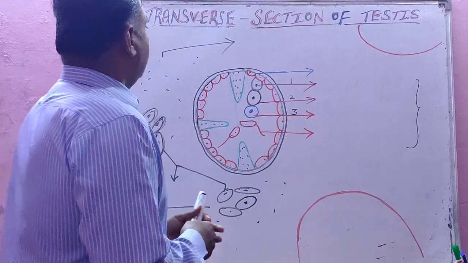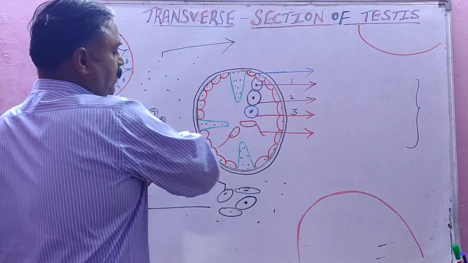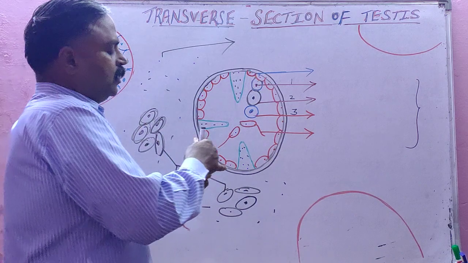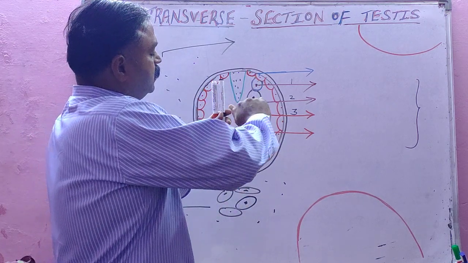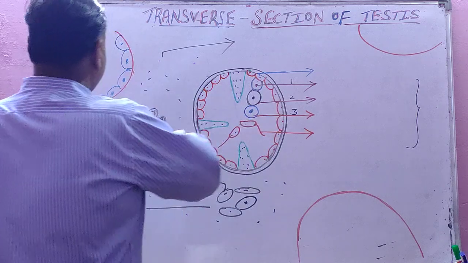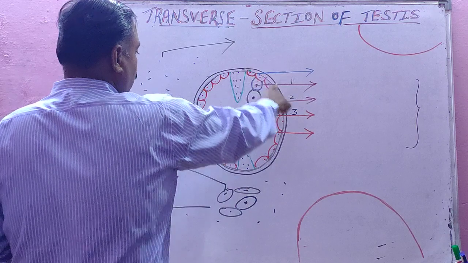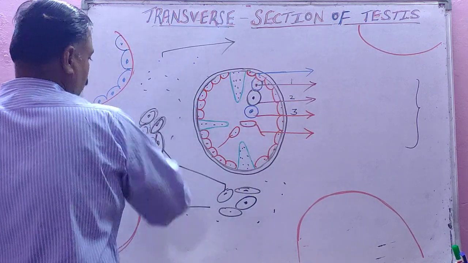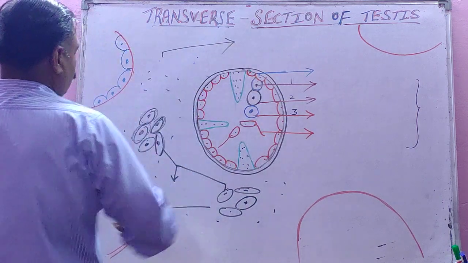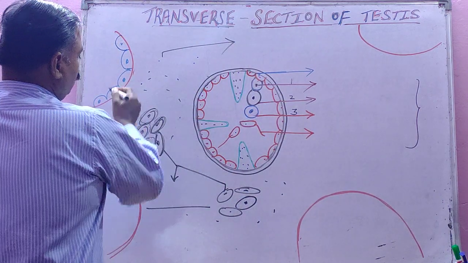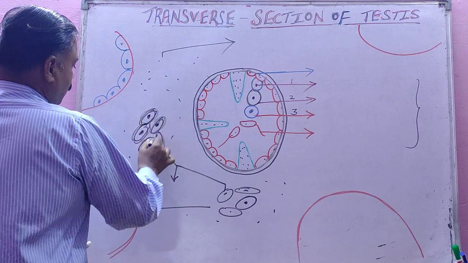Now student, we are on the same structure, testis, but this is TS, transverse section. So that was the longitudinal section of testis, but when we take TS, student, remember the testicular lobules. In that, these were the seminiferous tubules. All these circular structures are seminiferous tubules, and between seminiferous tubules, student, if you remember, what were these?